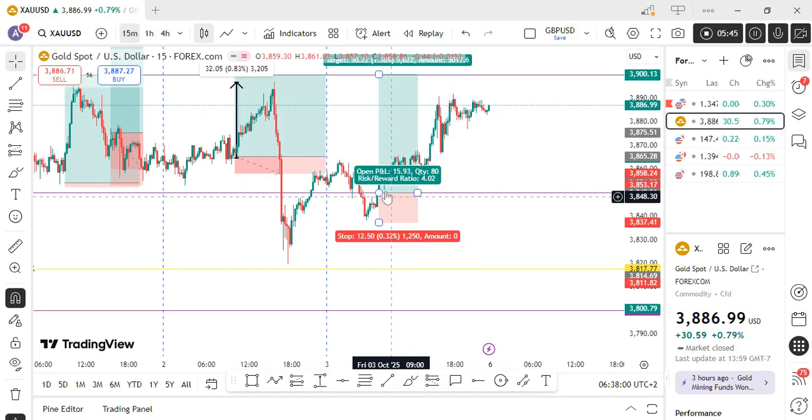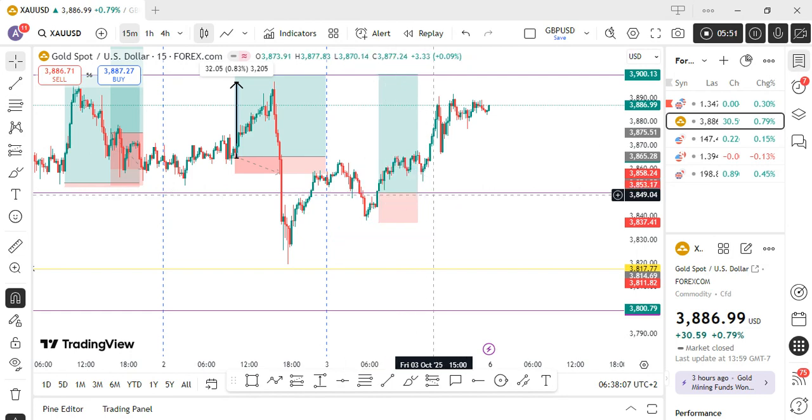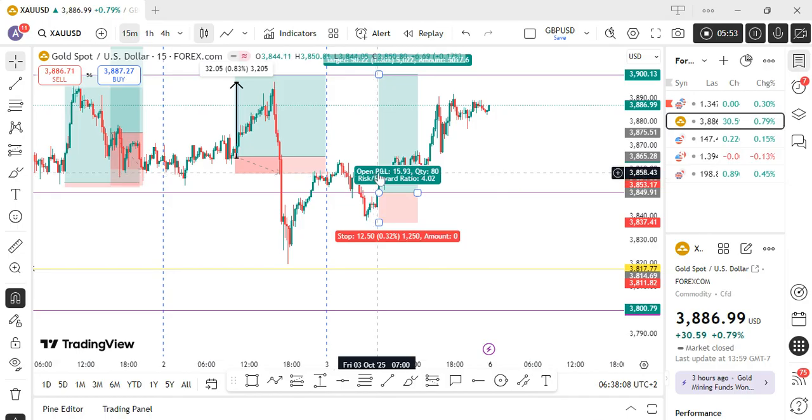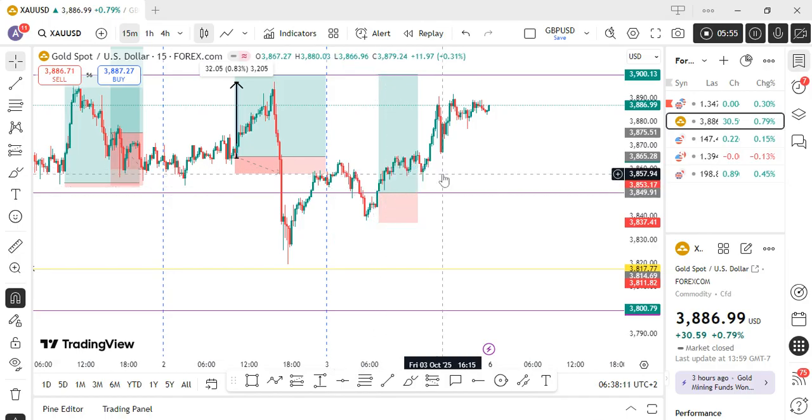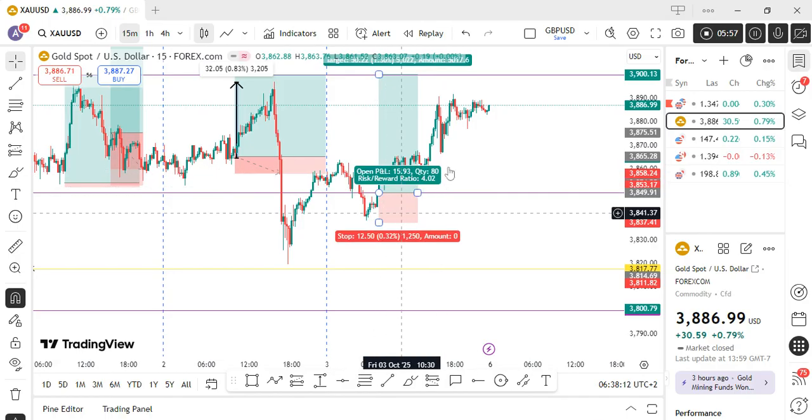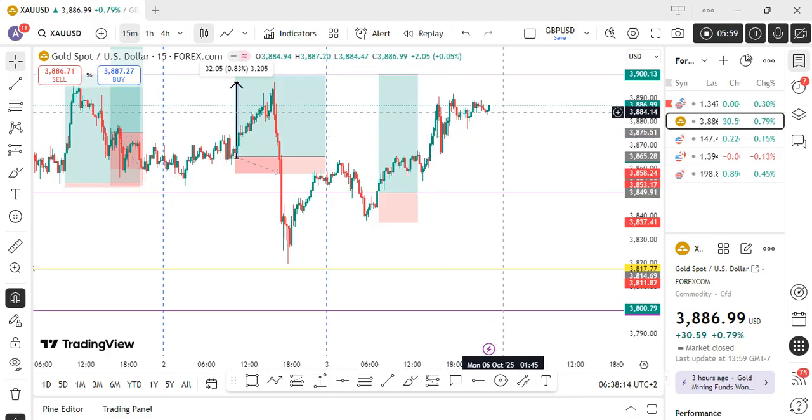So that's how you can see with this candlestick rejection, I definitely was waiting for it to trigger this level so I can enter at a good side and not just entering at the upside. So that's why I stayed out, and you can clearly see the trade almost hit take profit before the market closed. So that's definitely what it was all about on gold. It was definitely not a great week, but eventually we were able to manage risk and all that. So that was it on gold.